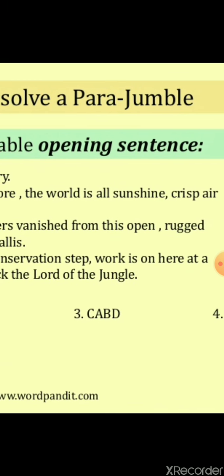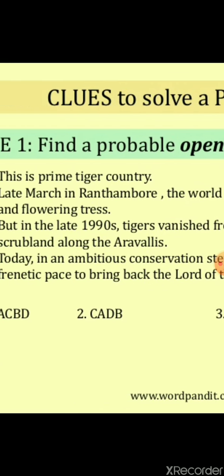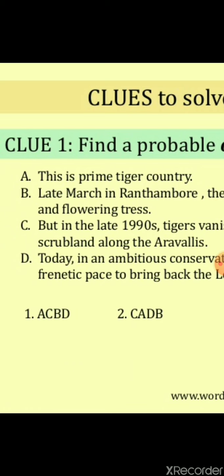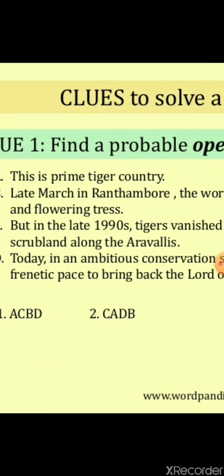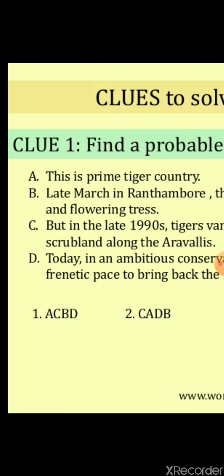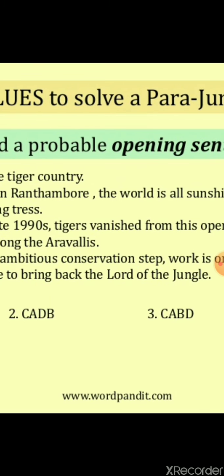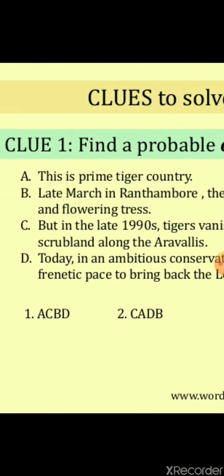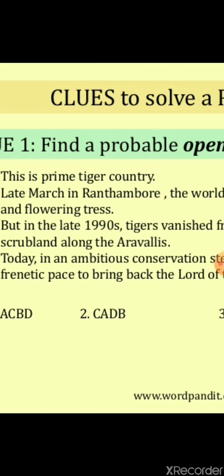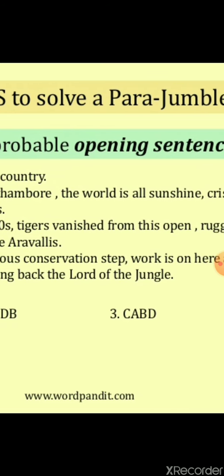The world is all sunshine, crisp air and flowering trees. But in the late 1990s, today in an ambitious conservation step, work is on here at a frenetic pace to bring back the Lord of the Jungle.